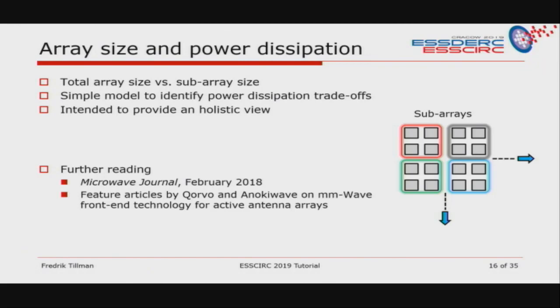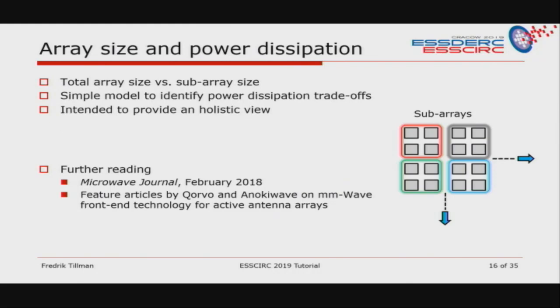And what we have is a subarray. So you should envisage a big total array that is subdivided into subarrays, indicated here by the color coding. In this case, we have, let's say, a 4x4, so 16 element array, and we divide it into four element arrays. This approach, you can find more details in literature, of course.